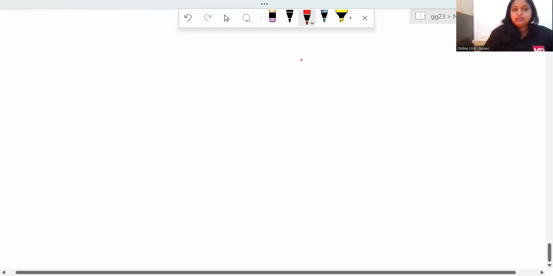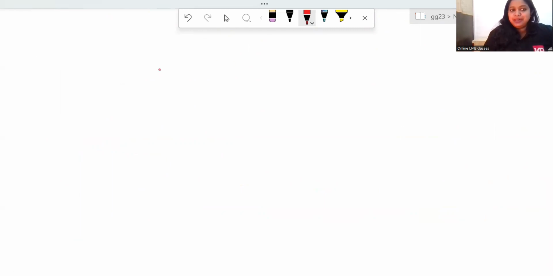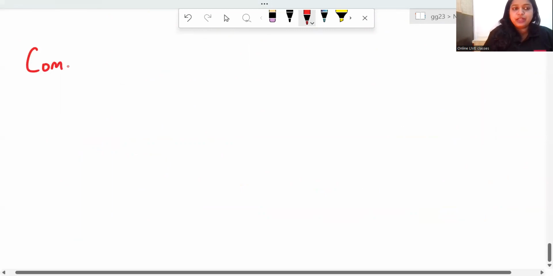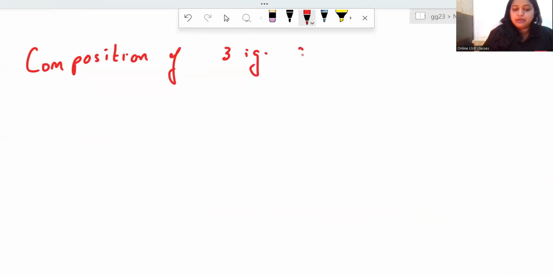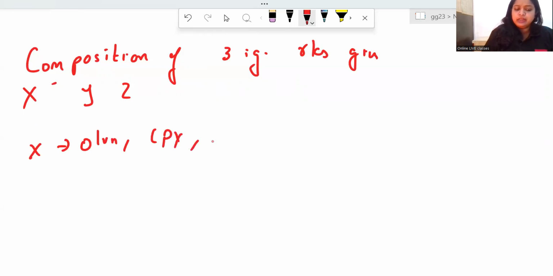Let's see the last question that I remember from the GATE paper: the composition of three igneous rocks was given. They called them X, Y, and Z. X had olivine, clinopyroxene, and orthopyroxene.